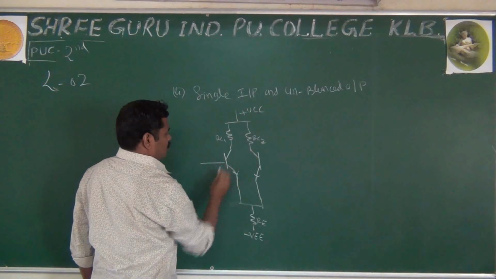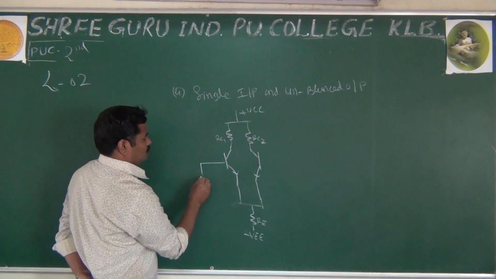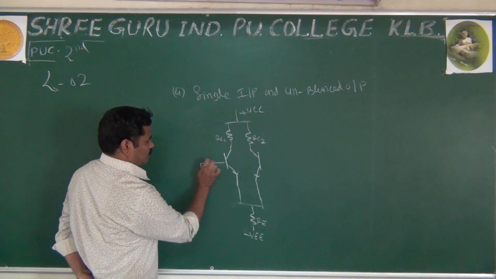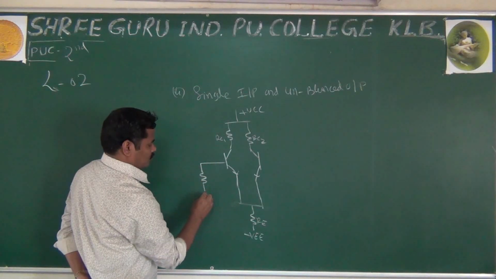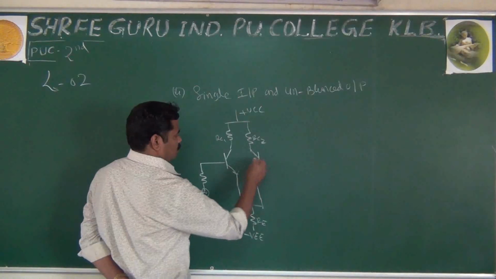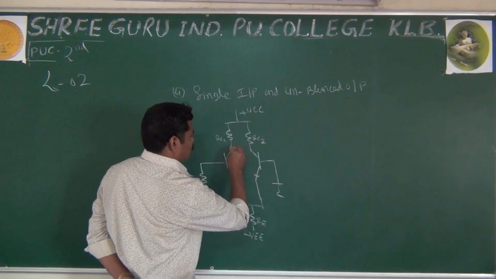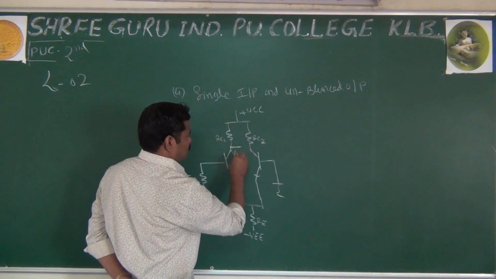Because it has only one input applied and only one output, we can make the other side ground and measure the output here.